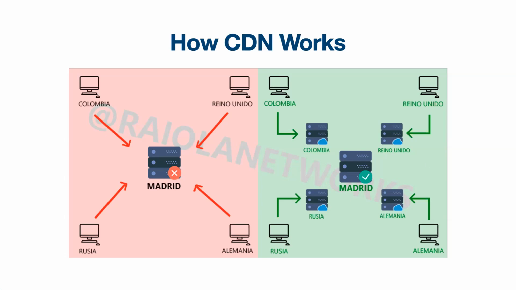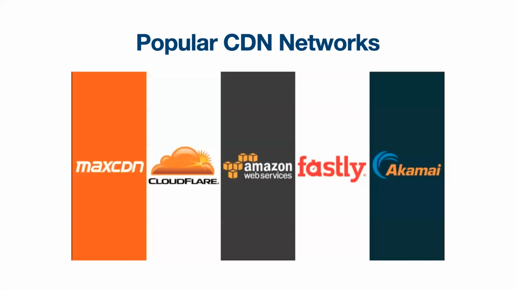Most of the time, there are a lot of CDN networks available on the web. MaxCDN is popular, Cloudflare, Amazon Web Services, Fastly, Akamai, and a lot more are available. Even Bunny CDN is currently popular in the market. But if we are new to CDN, that is, we have a small website or are just starting our website, then we can use Cloudflare without an issue.